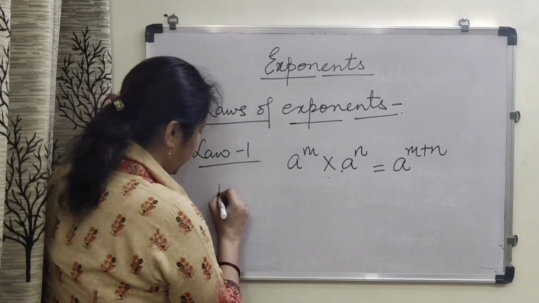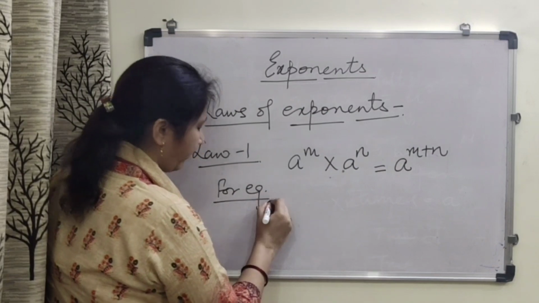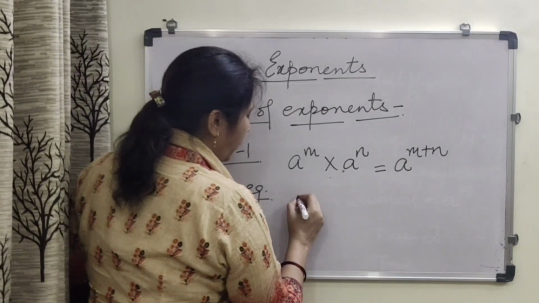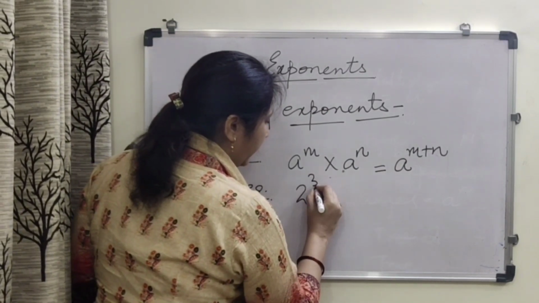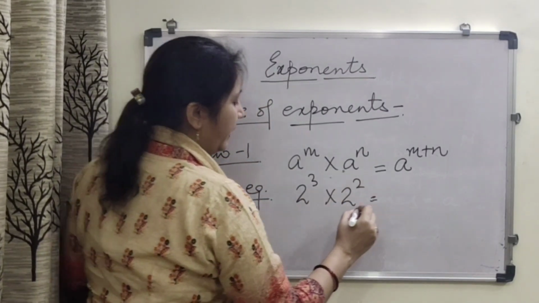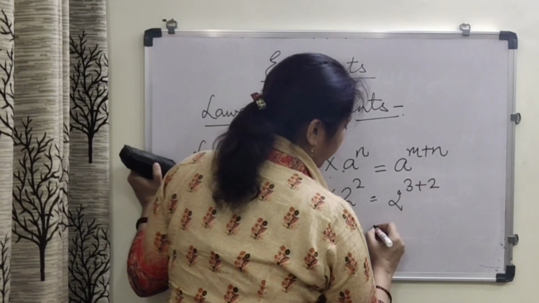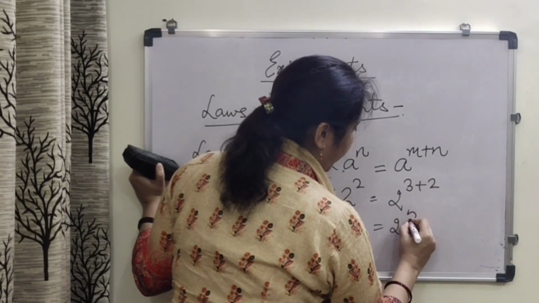For example, say you have 2 to the power 3 into 2 to the power 2. It would be 2 to the power 3 plus 2, which is 2 to the power 5.